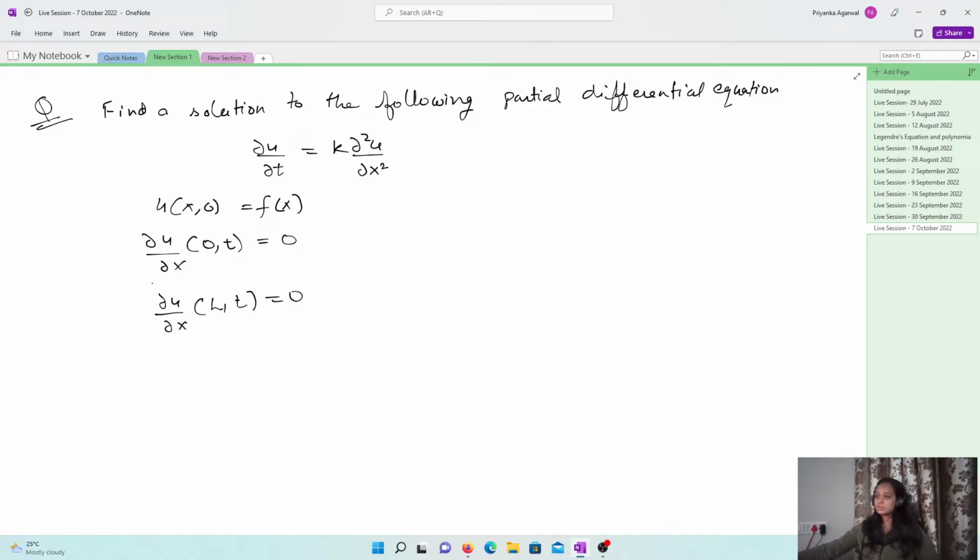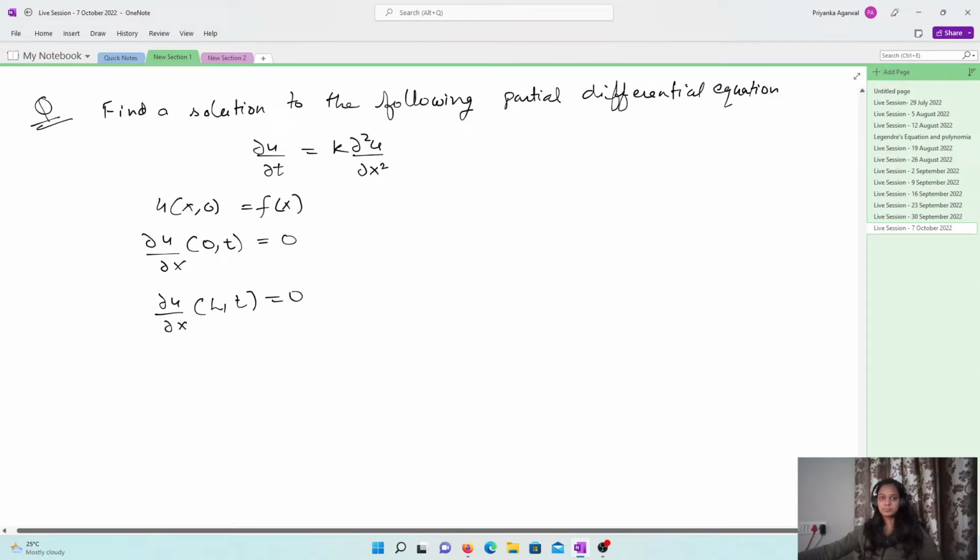So now we have to solve this particular equation. Now you see the change in the boundary condition. Now they are not on u but they are on del u by del x. So we have to solve this particular question now.